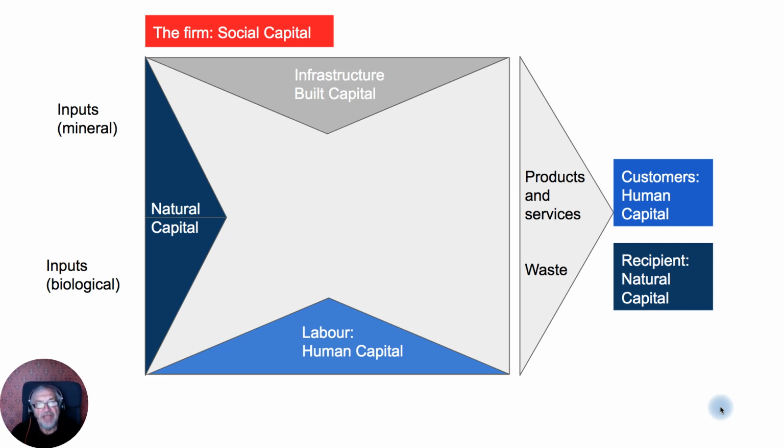And labor, of course, is human capital. The products and services go to customers, which is human capital, and waste goes to recipients, which is natural capital. So we can start to see how the actual structure of the firm already influences these capitals.